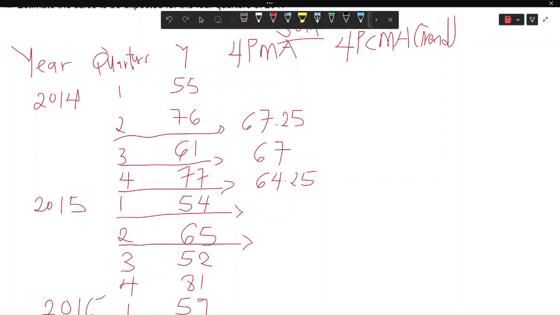Write it in between the 65 and the 52, giving 62. The next one is 54 plus 65 plus 52 plus 81, divided by 4, also giving us 63.